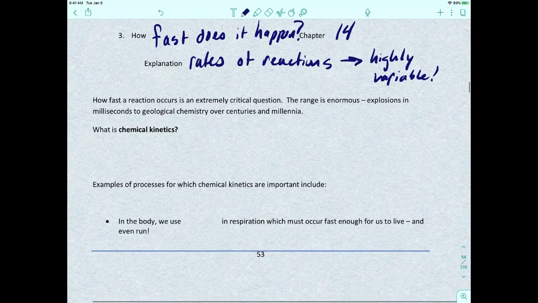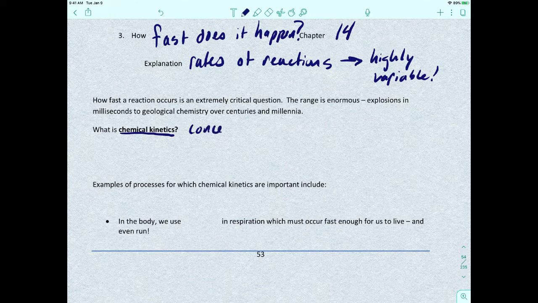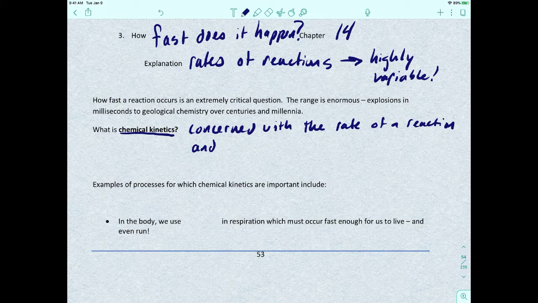The study of the rate of a reaction is called chemical kinetics, and that's what we're studying in this chapter. This is concerned with the rate of a reaction and the sequence of steps by which a reaction occurs.